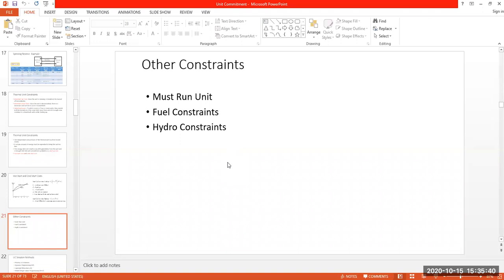So there are some other constraints, put in short, like must run unit. That is to say, if you are the owner of a power station and you have some other customers other than producing power, let's say I have some steam getting out without any reason. Can I earn some money from that steam? Some other industries require this steam.